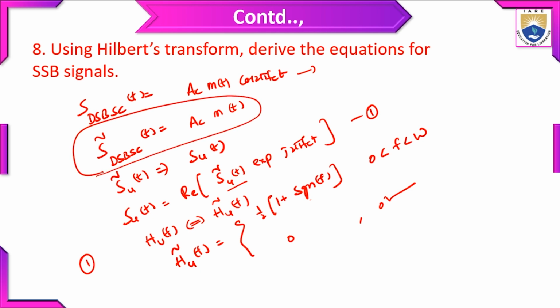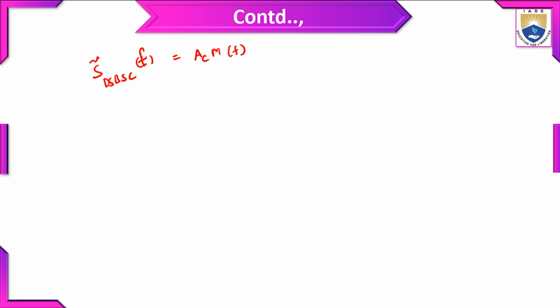Here in the time domain is the DSB signal, and here is the time domain complex envelope. The complex envelope of the DSB signal is written as AC M of T. In the frequency domain, this is S tilde DSB SC of F. F indicates the frequency domain, so that is AC into M of F. In the time domain, it is just AC M of T. Why?